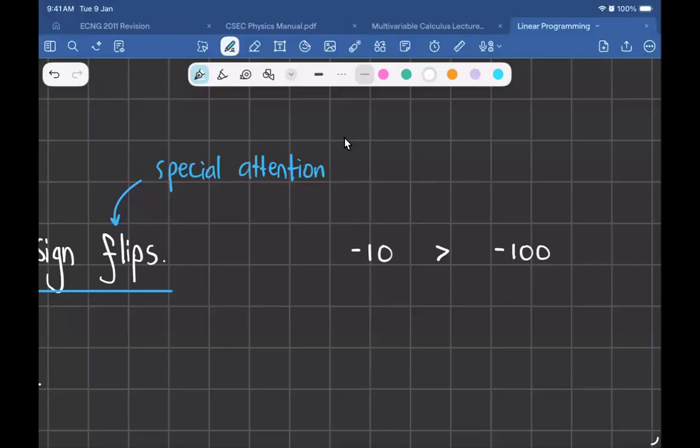So in terms of value, minus 10 is actually more than minus 100, right? Perseus, I need you to tell me now if you're confused by why we're saying minus 10 is more than minus 100.